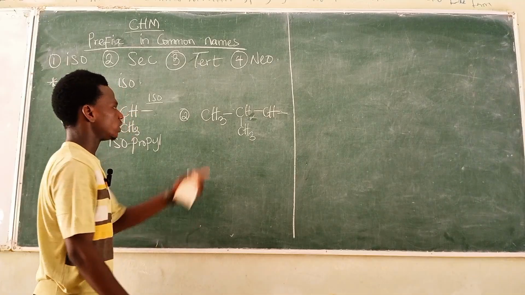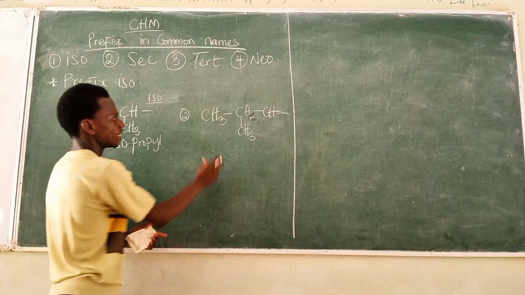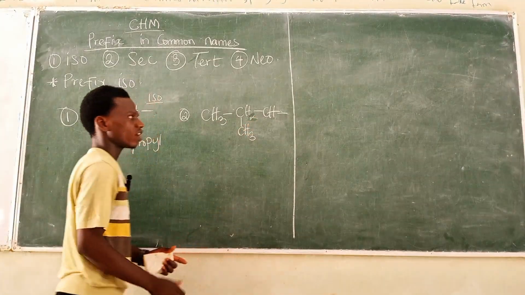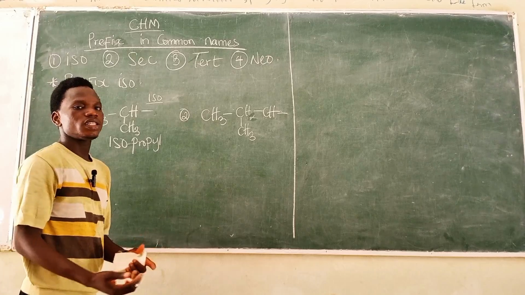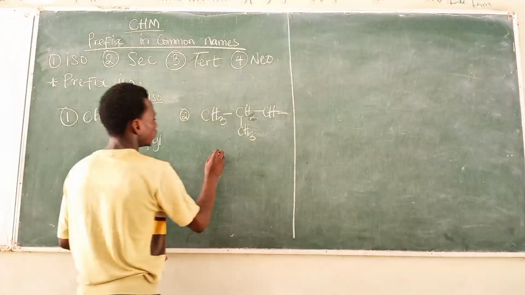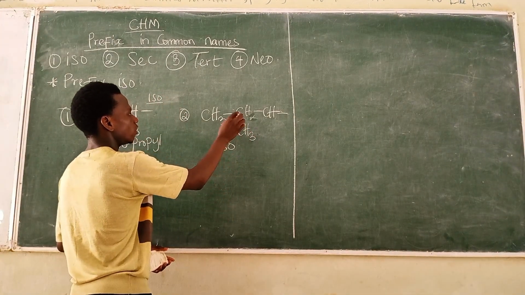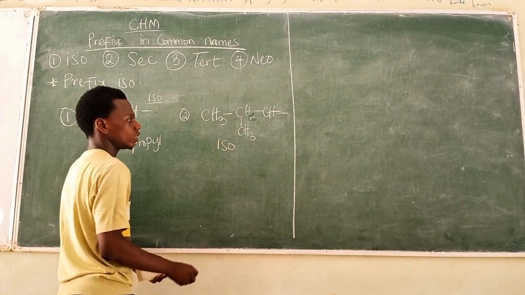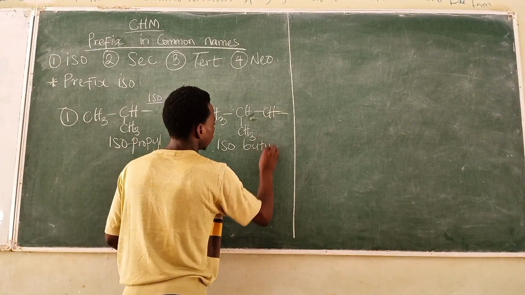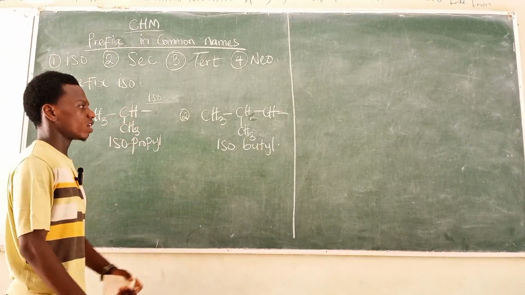What are you going to call it? Now, this is no longer going to be an isopropyl, but an isobutyl, because you have 1, 2, 3, and 4 carbon atoms that are bonding to the parent chain of an organic compound. So the name of this becomes iso, because of the CH3 bonded to the second to the last carbon. But now, instead of isopropyl, we'll call it isobutyl because of the 4 carbon atoms.